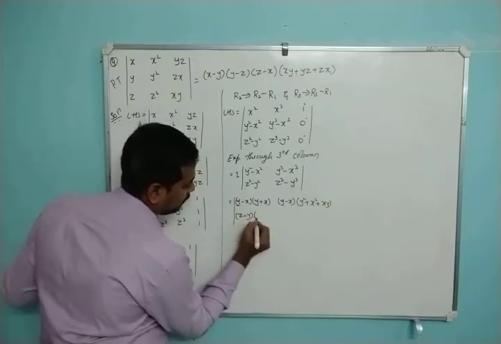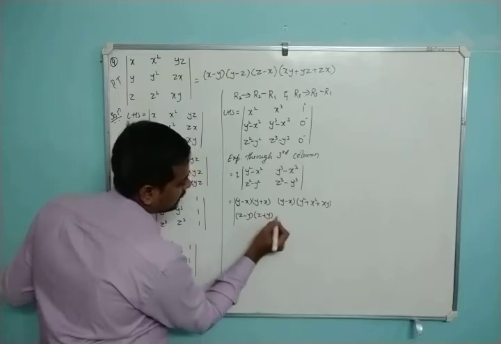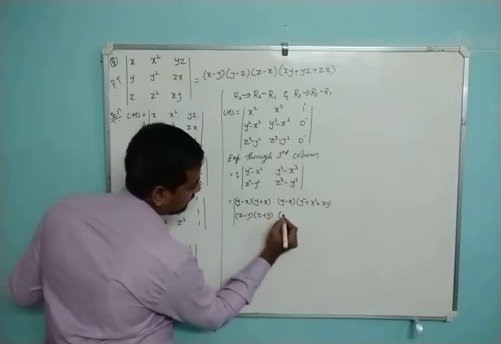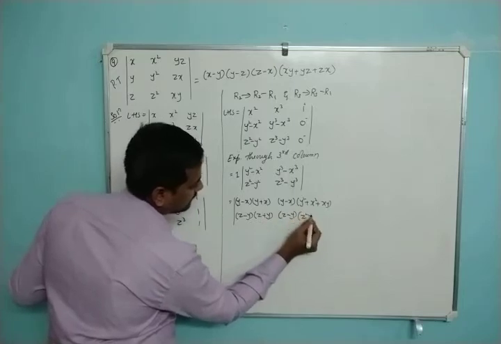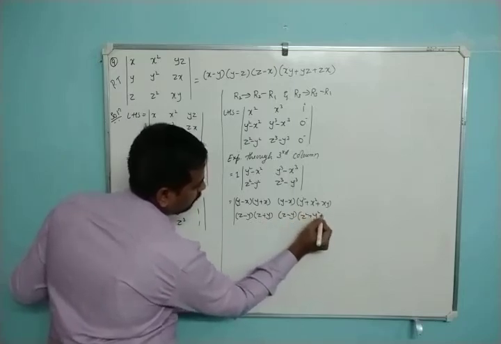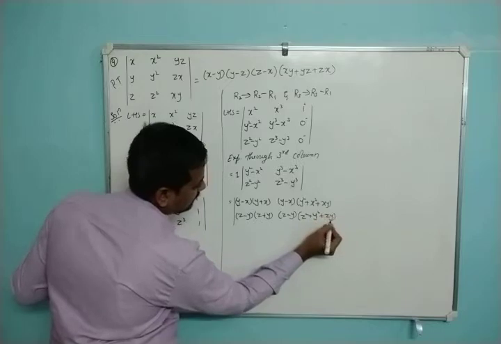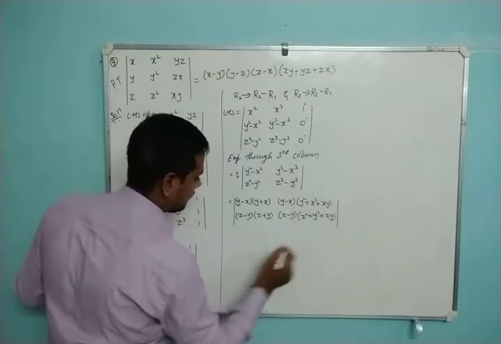So this is z minus y into z plus y. Here z minus y, z square plus y square plus zy. Okay.